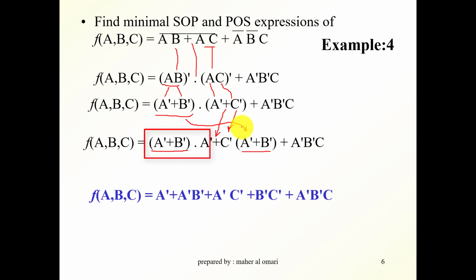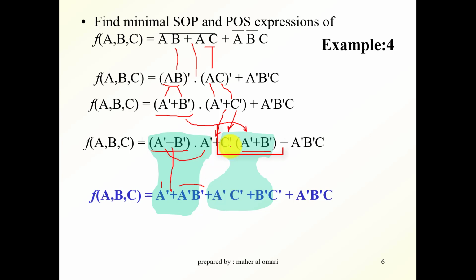Again, we apply the distribution law. So what we have is A bar ANDed with A bar is equal to A bar, ORed with A bar ANDed with B bar, which is equal to this. And we apply the same thing here.